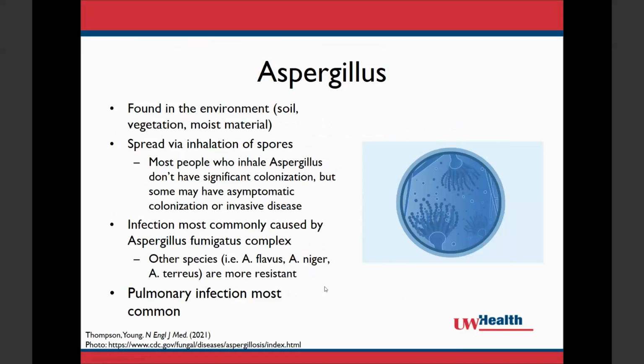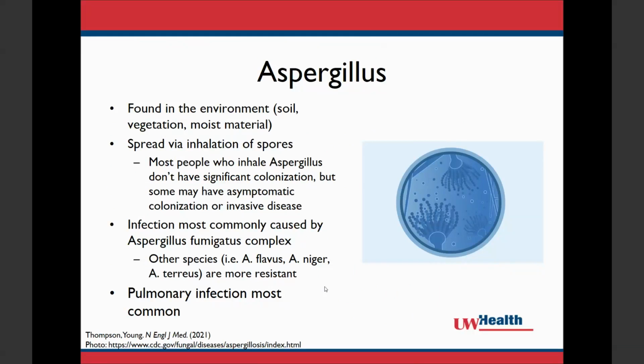So usually it's found in the environment, in soil, moist environments, or vegetation, and it's spread via inhalation of spores. So typically we see a pulmonary manifestation of Aspergillus, but you may see it in sinus infections or in severe cases, cutaneous manifestations, ocular manifestations, but by far the pulmonary presentation is most common.